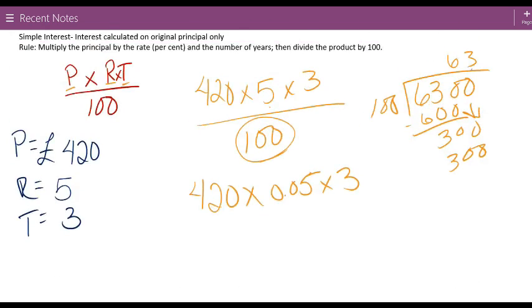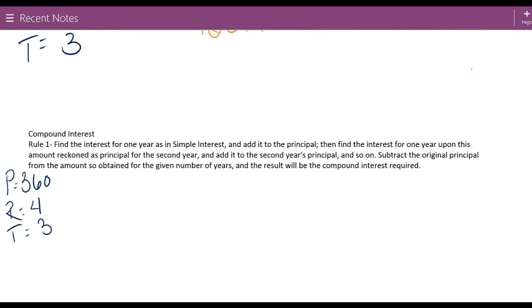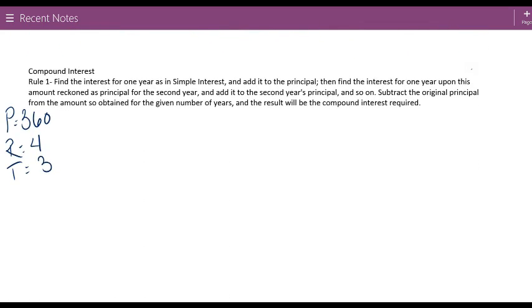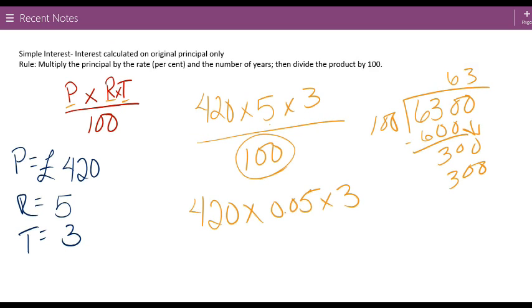So in our first example, with our simple interest, no matter how long it took, you're still only paying this interest on $420. Let's say we're just going to work with 100 for now as a mental exercise. If you're going to borrow $100 at 5%, in simple interest, you would just multiply it by $100 times 5% times however many years.